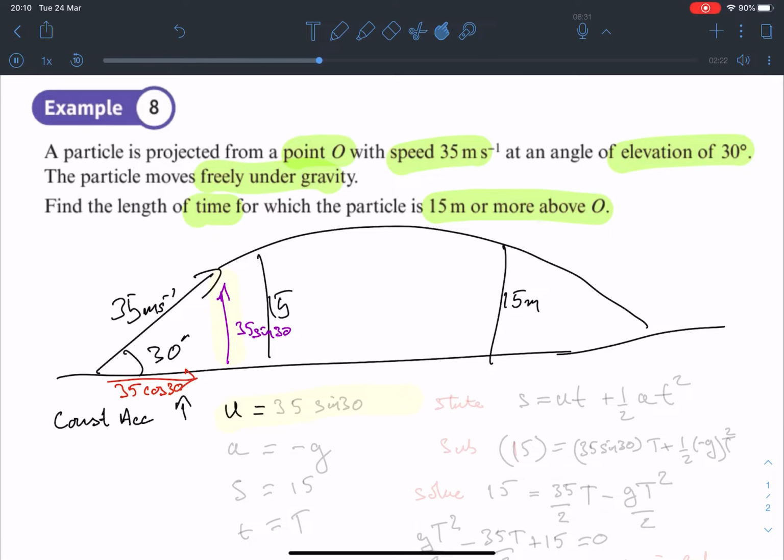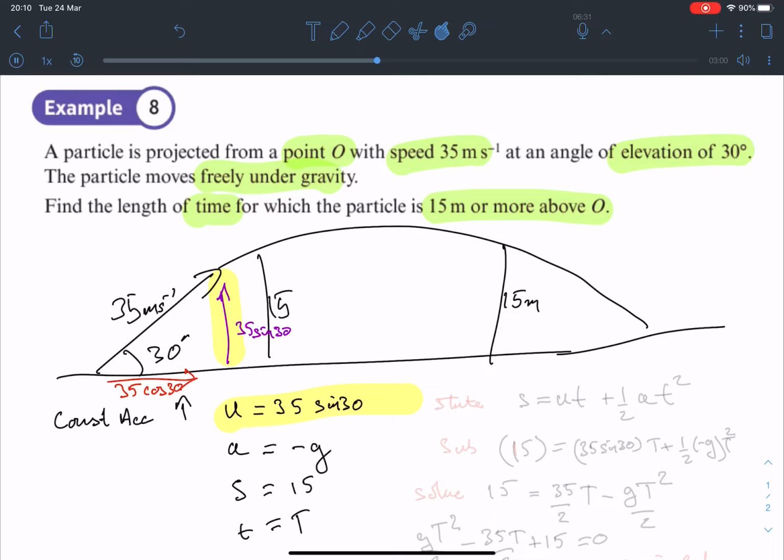So our u value is 35 sine of 30 degrees, which is our vertical component. Then we've also got a, which is equal to negative g as it's acting downwards. We've got s equals 15, and we want something to do with the time.